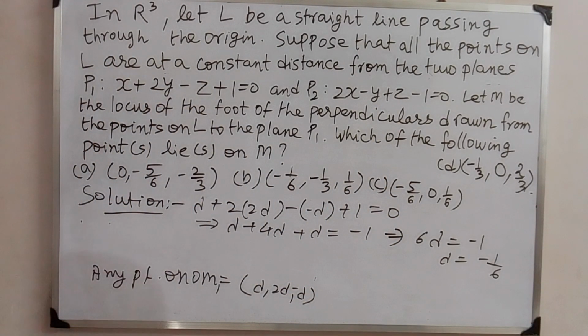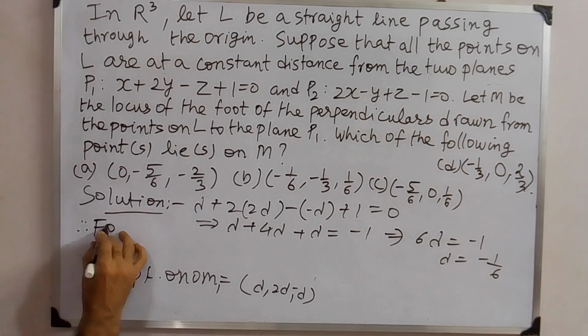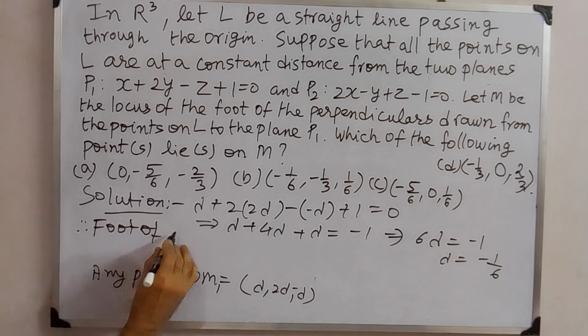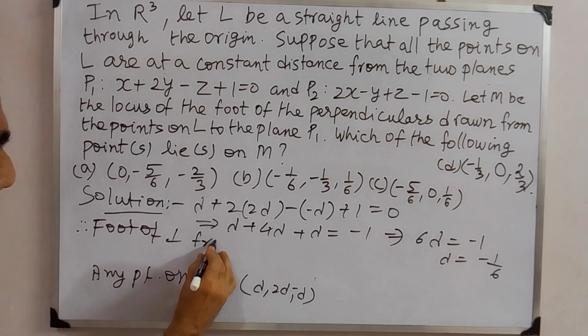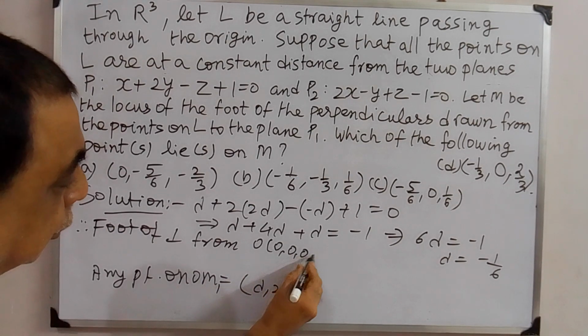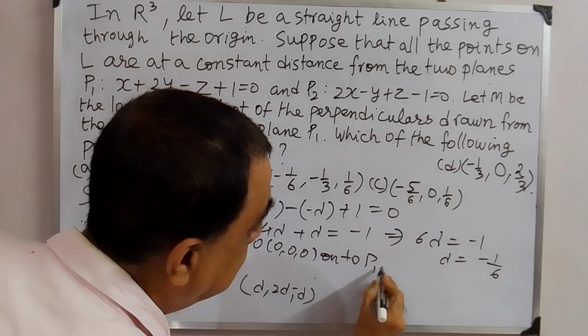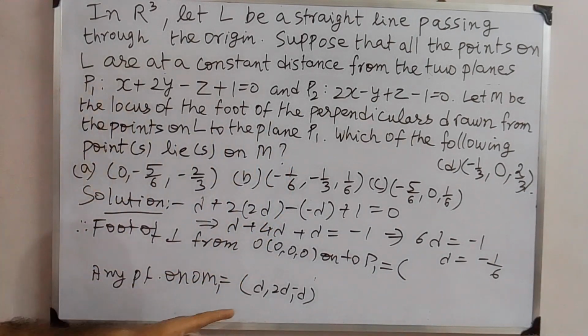So the foot of the perpendicular from the origin 0, 0, 0 onto P1 will be what? Here I will put the values of lambda.